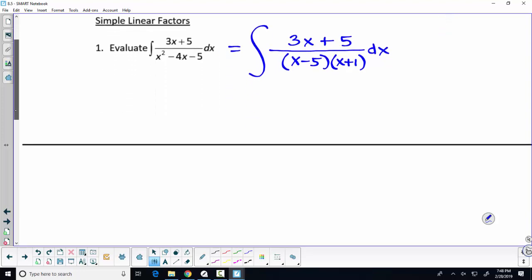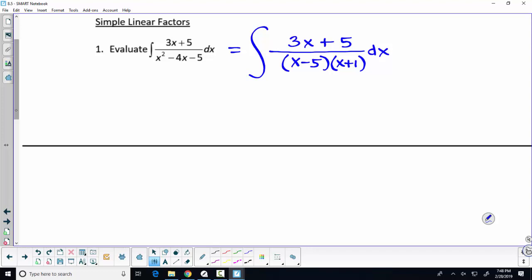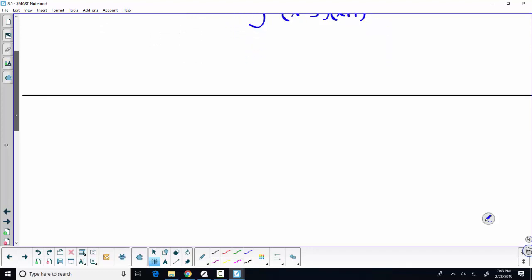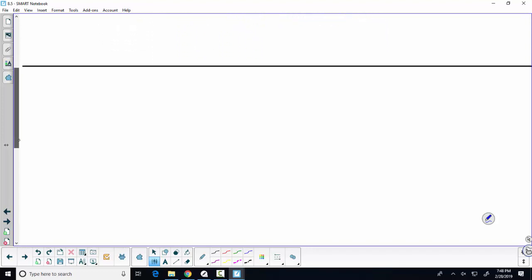Okay, so we break this down, we factor the denominator. Based on how that factors, then we're able to choose one of the three scenarios. That's simple linear factors: 3x plus 5 over x minus 5 times x plus 1.